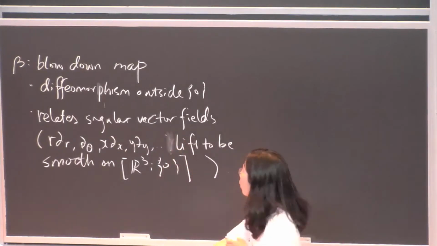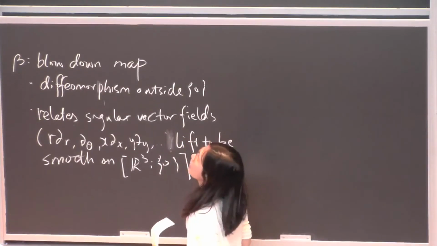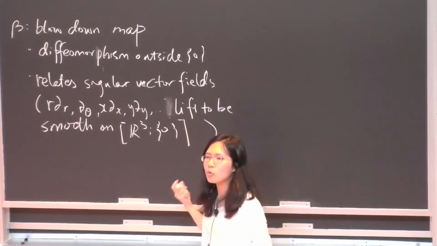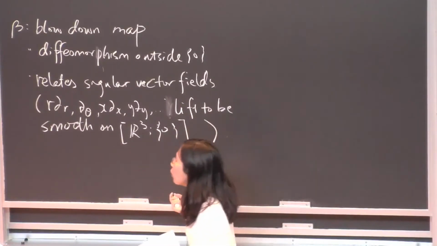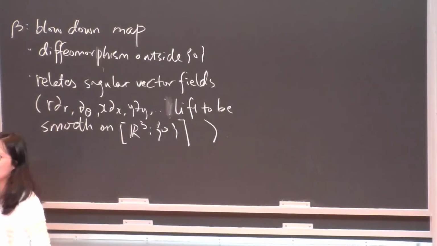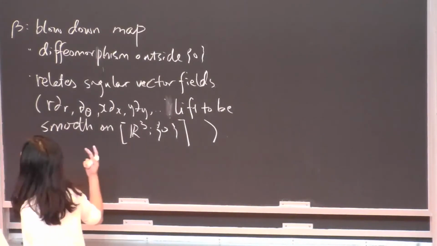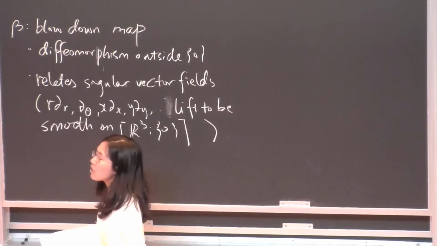Well, you need to define what are smooth vector fields on this new space, which is a manifold with boundary. And those vector fields are all lifted to a special class of vector fields.